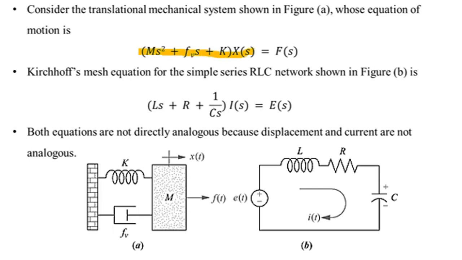For the system in figure A, the equation of motion is represented in the Laplace domain. If we apply KVL to figure B, its mesh equation is also highlighted here. Both equations are not directly analogous to each other because displacement and current are not analogous.